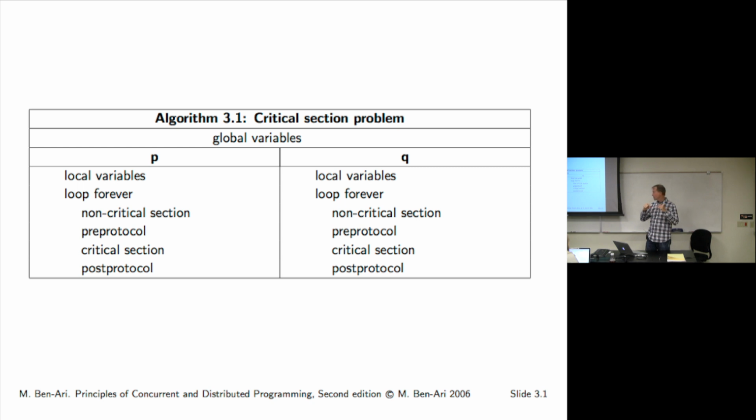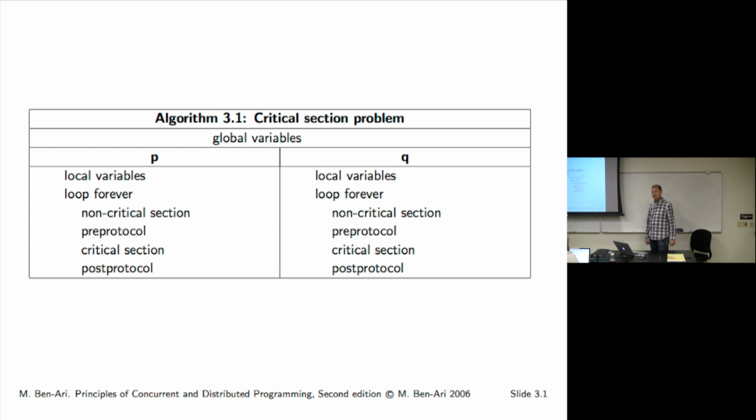We call this the pre-protocol, and these statements execute in such a way so that if one of the processes is in its critical section, it will delay the other process from getting into its critical section until the other one gets out of it. And then as a process exits a critical section, it executes a post protocol, and that post protocol makes it possible for the one that was waiting to get in.